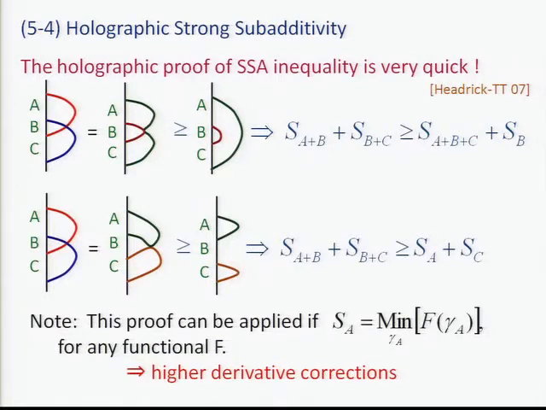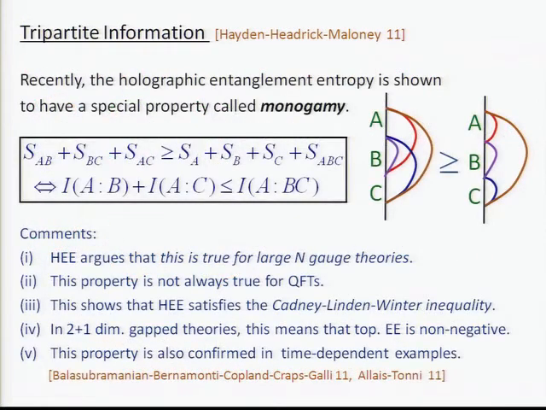This is not always true. In quantum field theory, for example free scalar field theory, it is violated. But AdS/CFT, assuming this generalization, says that this is always true. Higher derivative corrections correct things at some large N, but still as a weak coupling or strong coupling expansion. So holographic entanglement entropy argues that this kind of inequality is true for large N gauge theory, for any coupling constant, if you have a holographic dual, of course.